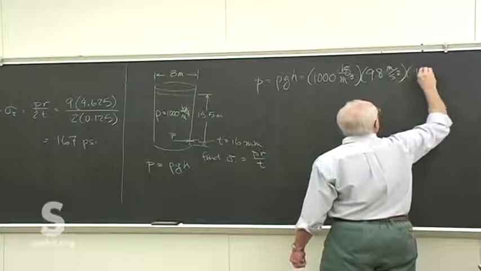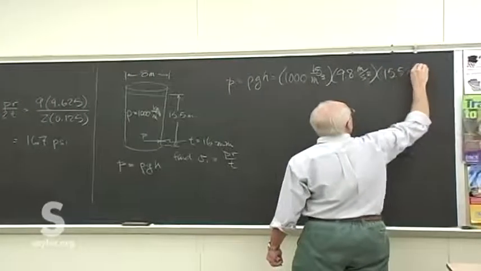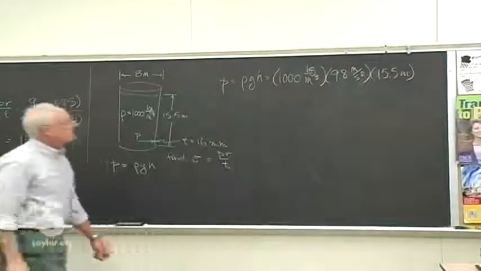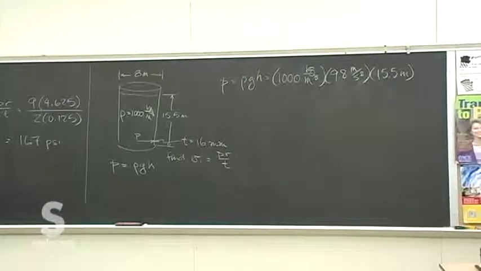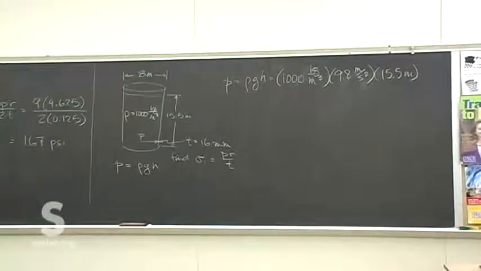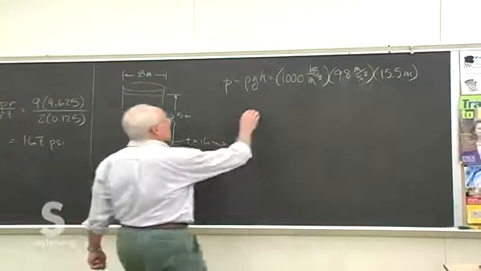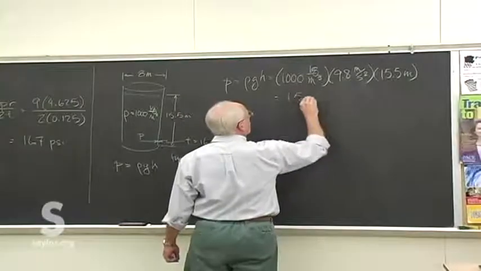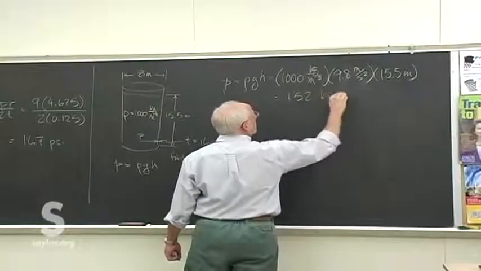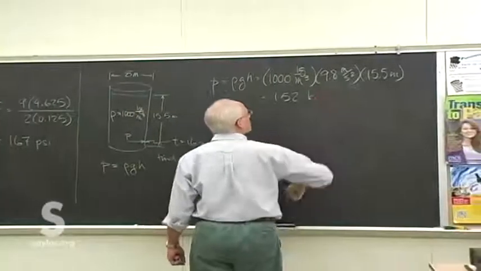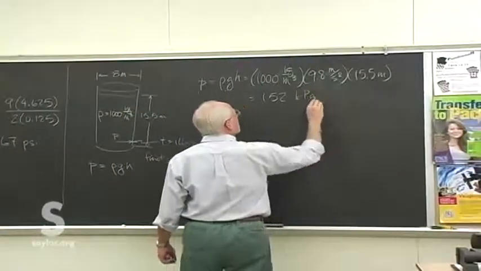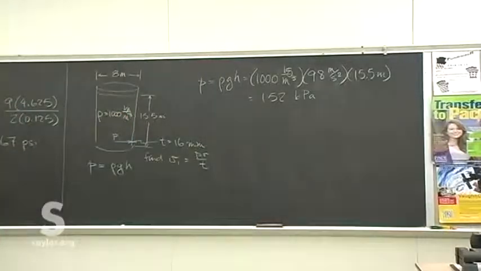And then times the 15.5 meters. So that'll give us newtons per square meter or Pascal. Kilopascals.